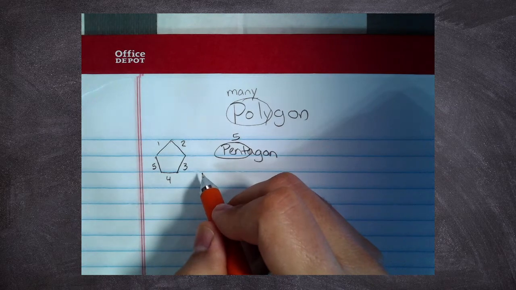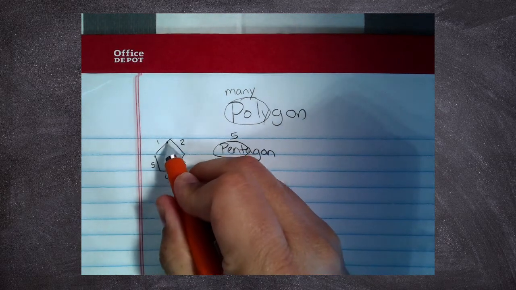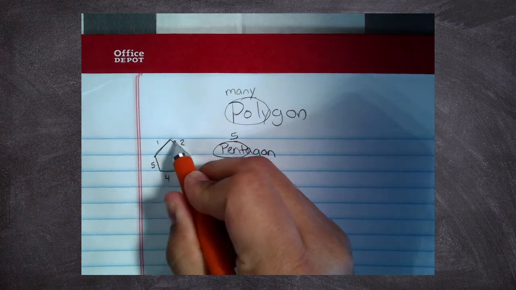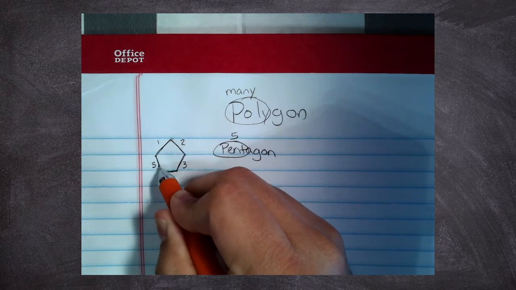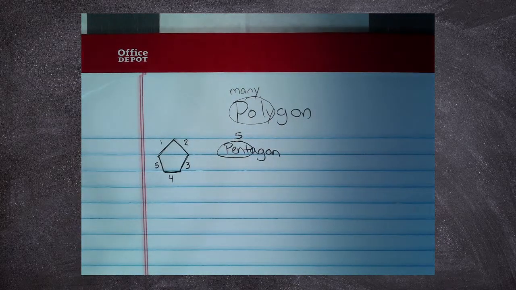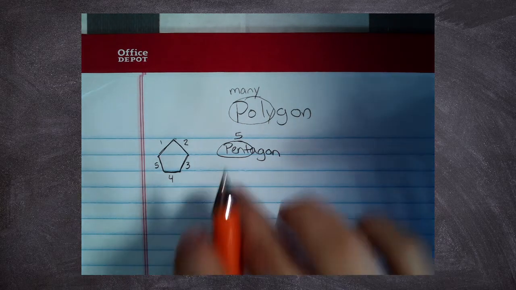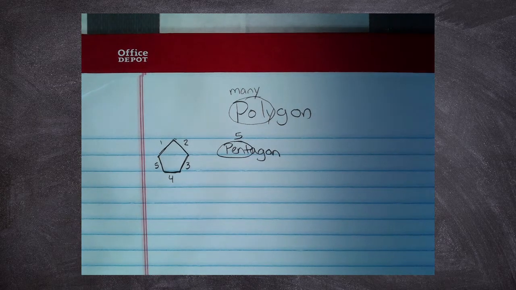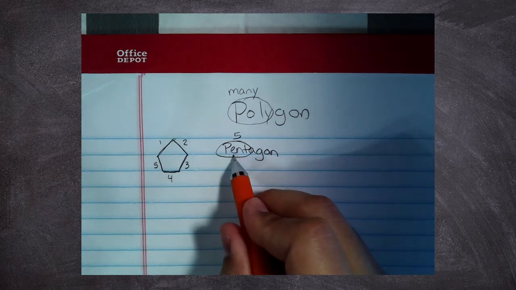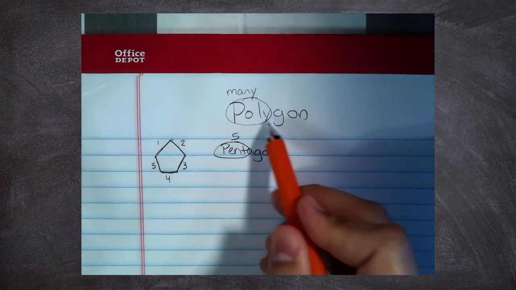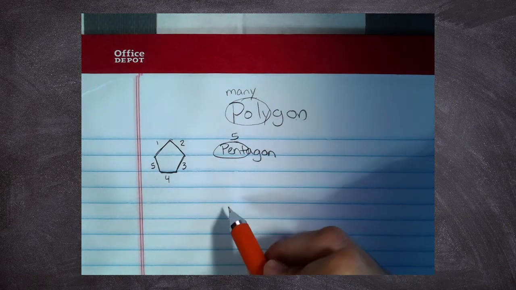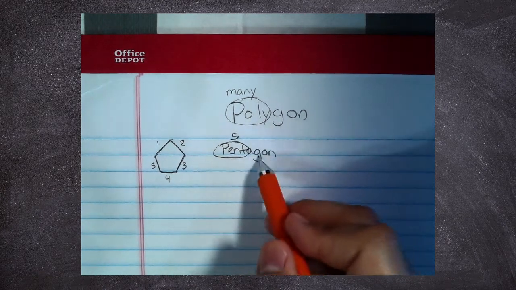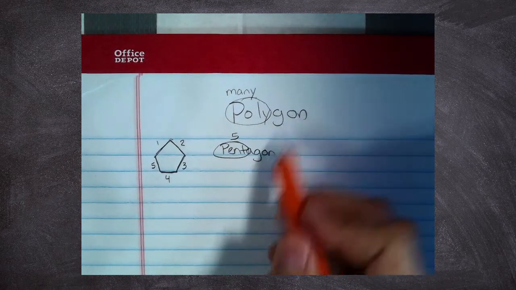It has to be a closed shape. So here, my pentagon, notice that all of the sides are closed. There's no openings or gaps or anything like that. So a pentagon is a polygon. And the reason why it's called pentagon is because it's a polygon with five sides. Even got the same last name, kind of.